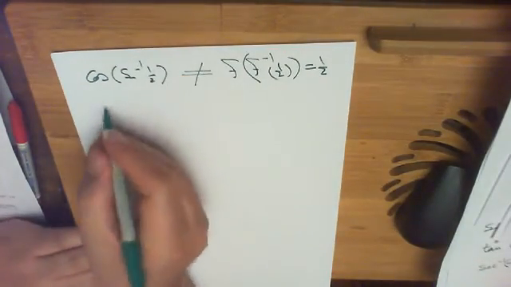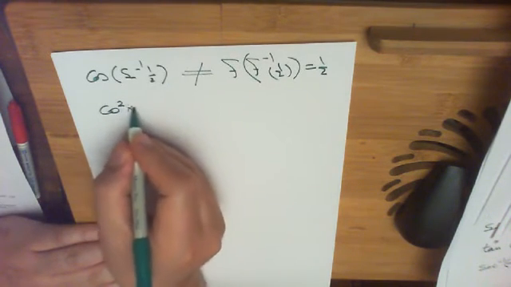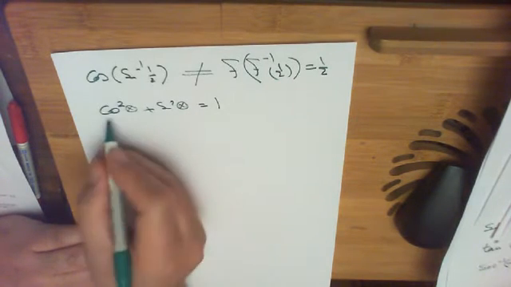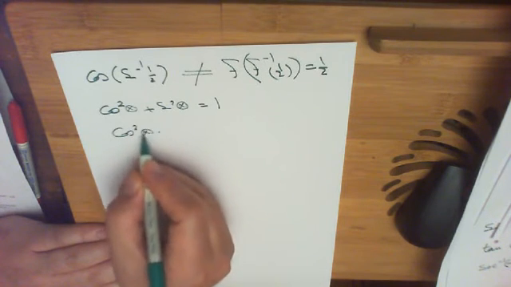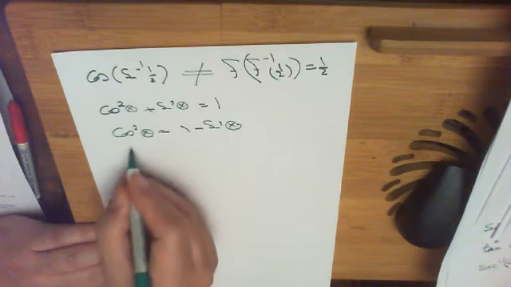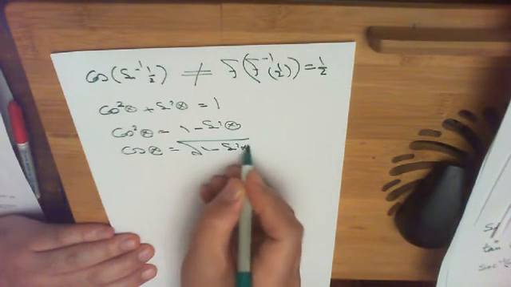If you remember the golden rule, cosine squared of some angle plus sine squared of that angle is 1. So cosine squared equals 1 minus sine squared. So cosine only is the square root of 1 minus sine squared.